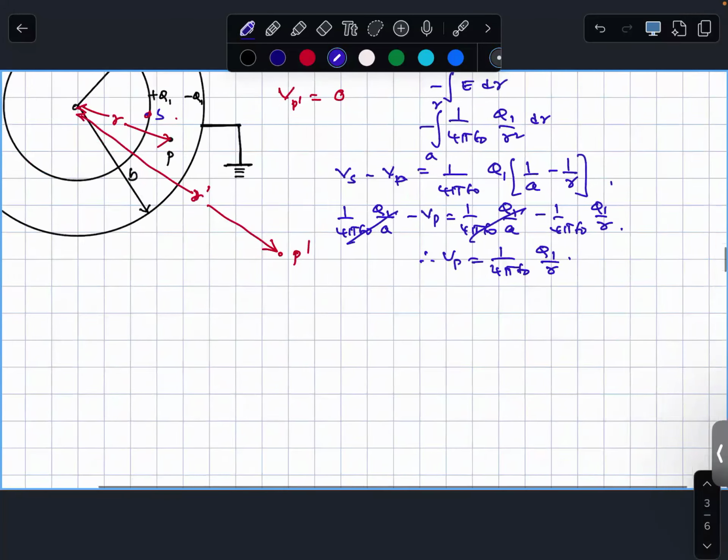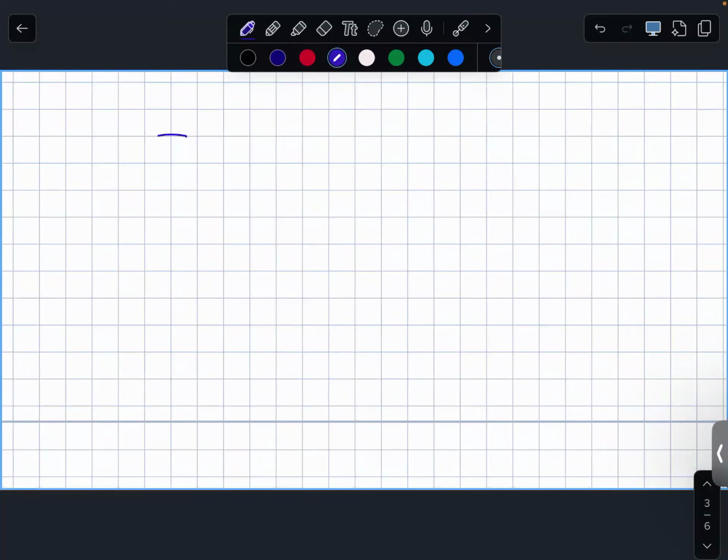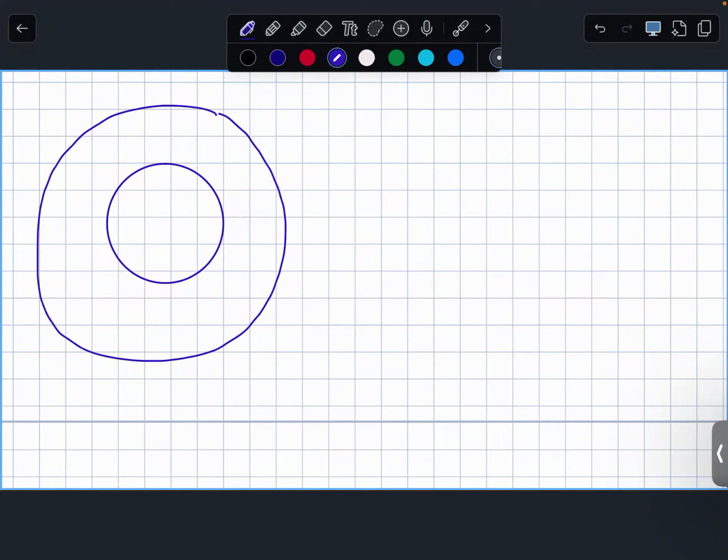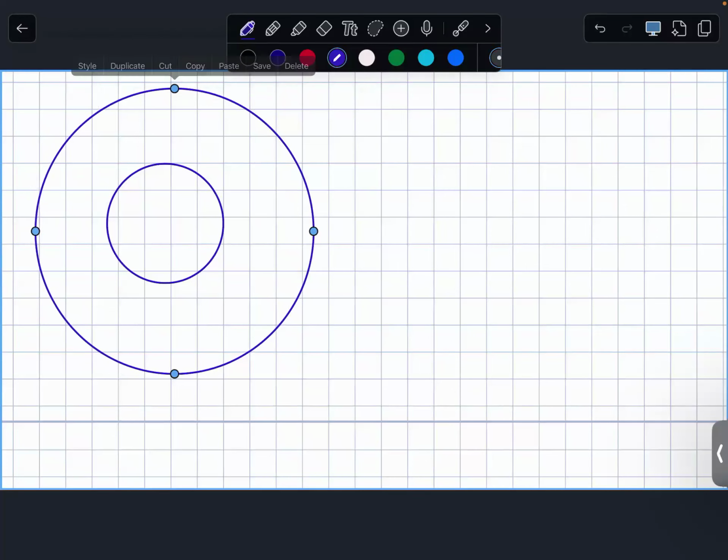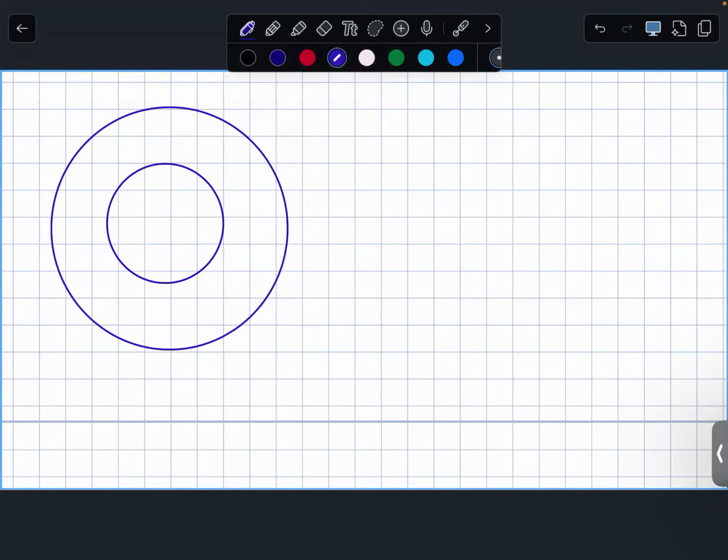Right. Now I'll take a twist here. What if... now try to please understand, when you have a charge Q here, what is going to be the charge over here?